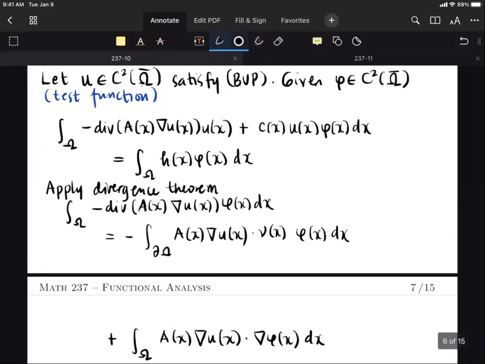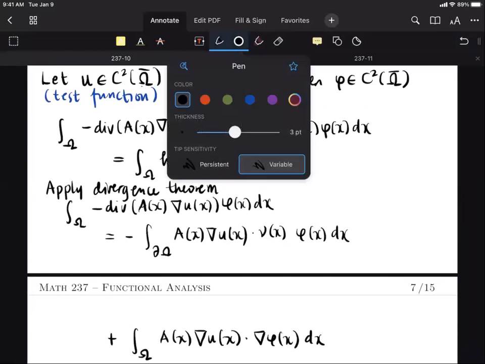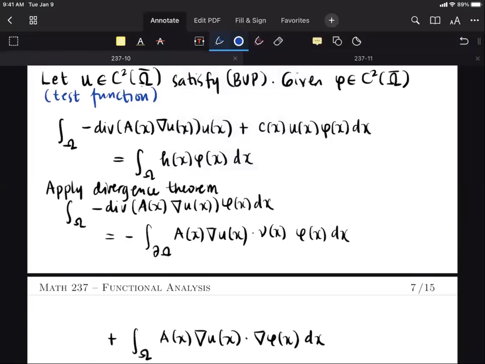Okay, so those who are not familiar with vector calculus, recall that the gradient of a function u is namely the vector consisting of the derivatives. So that's, let's say, ∂x1 u up to ∂xn u.